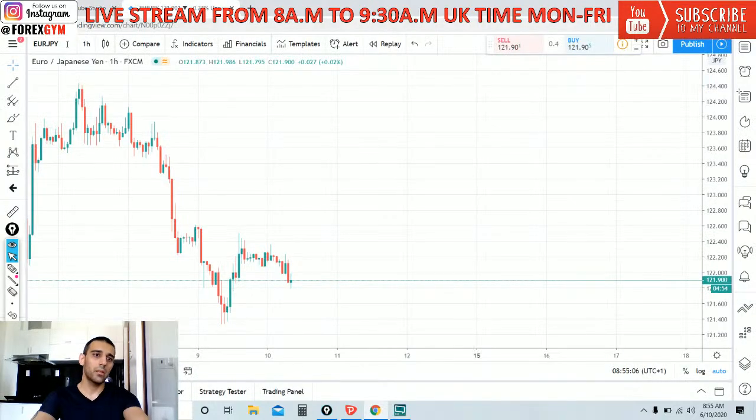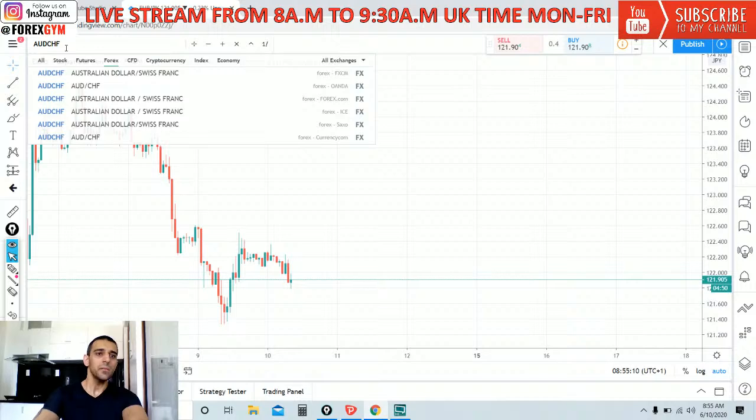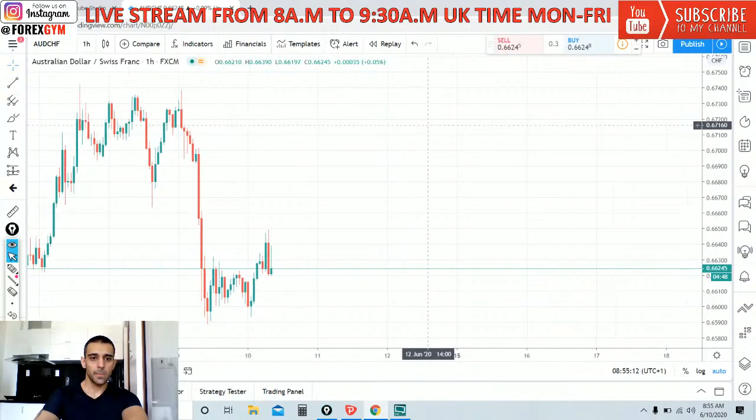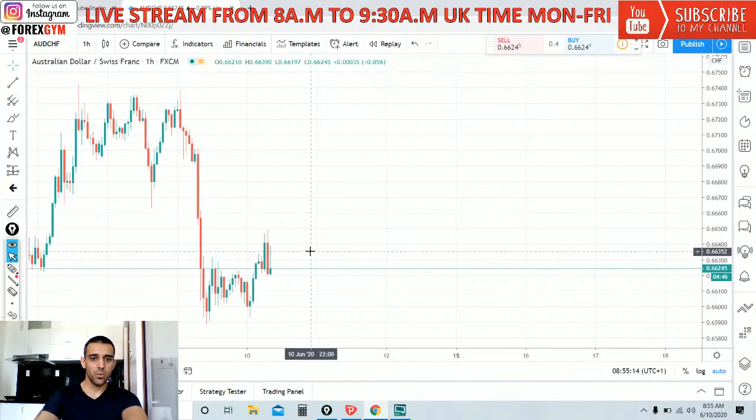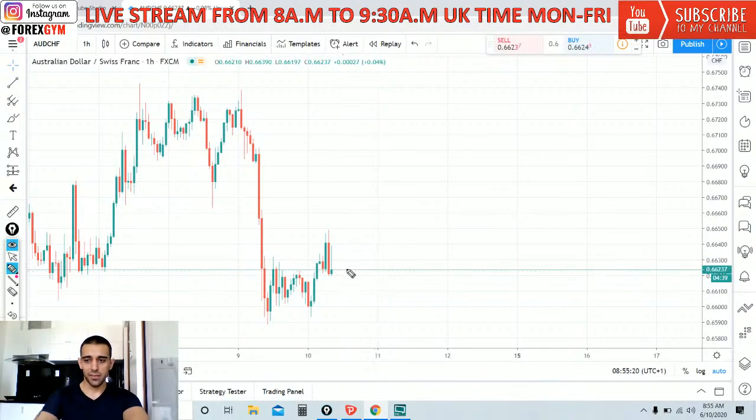Let's go have a look at the Aussie Swiss franc. Ooh, well, yeah. It looks like we're gonna leave this huge spike on the Aussie Swiss franc.